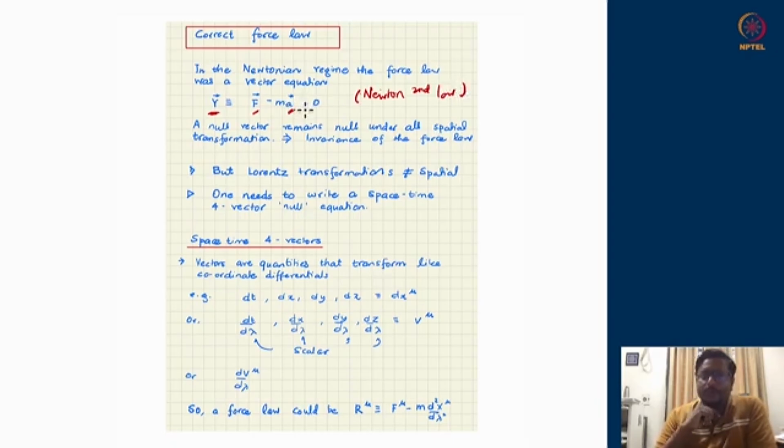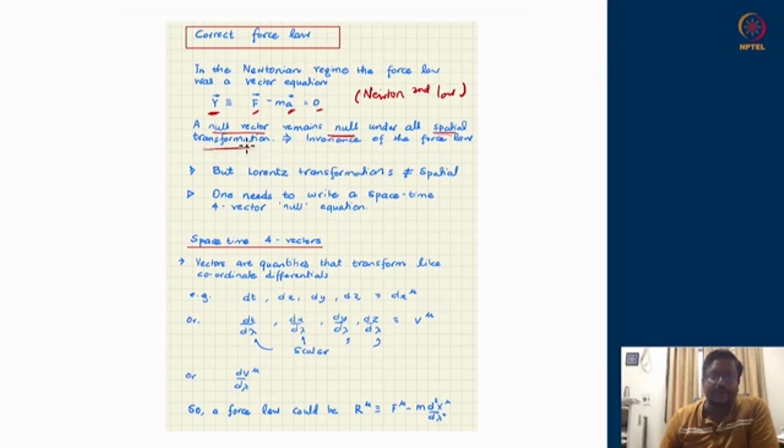That means what is being told is that this vector y, which is f minus ma, happens to be a null vector, a vector with 0 magnitude, or a zero vector. And we know that under spatial transformations like rotations and whatnot, a null vector remains null.